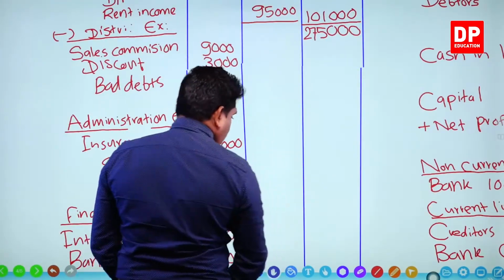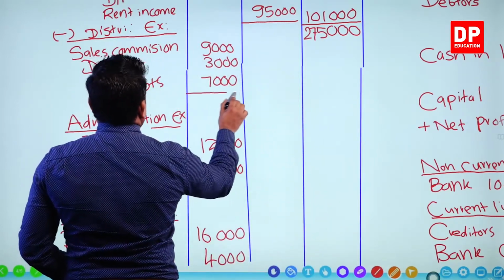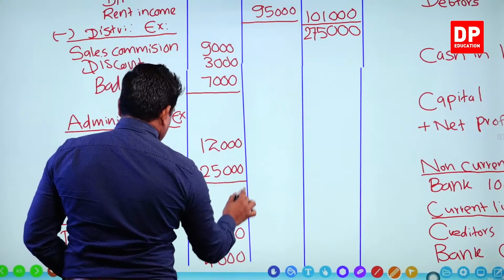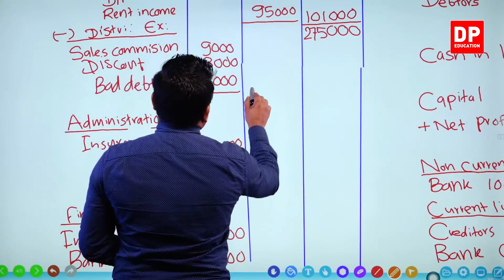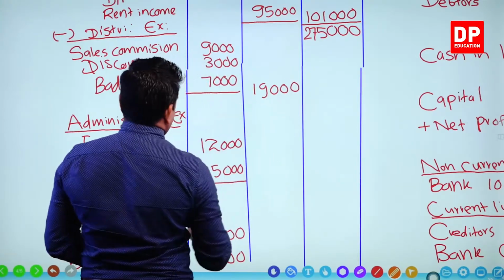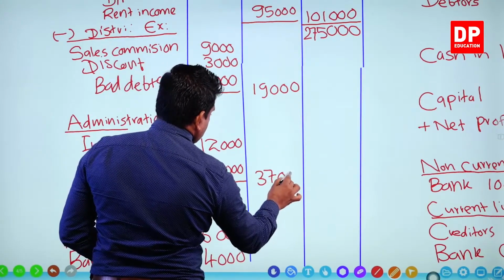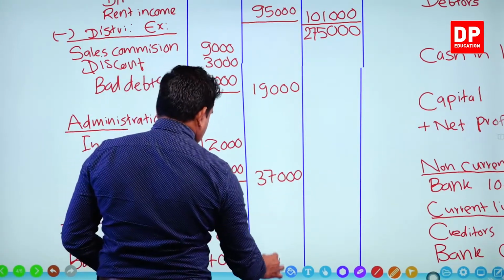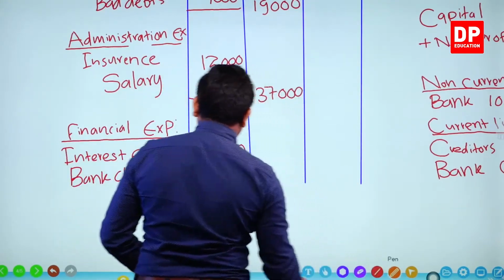Now we can get the total of this and this and this, right? Then how much here? 19,000. Here 37,000. Here 20,000.